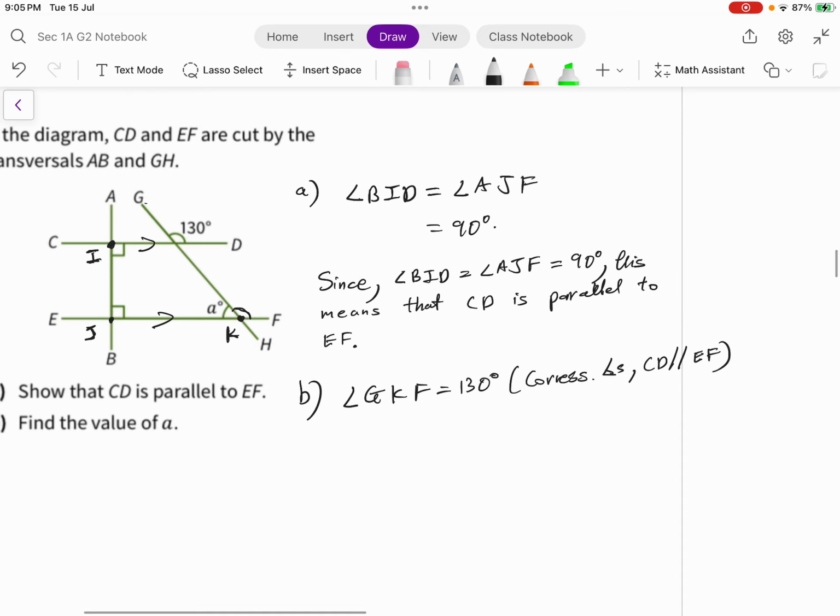Then from here, I'm going to put there angle A is 180 degrees minus 130 degrees equals to 50 degrees, right? Because angles on a line equals to 180 degrees. Alright, then we'll get angle A as 50.